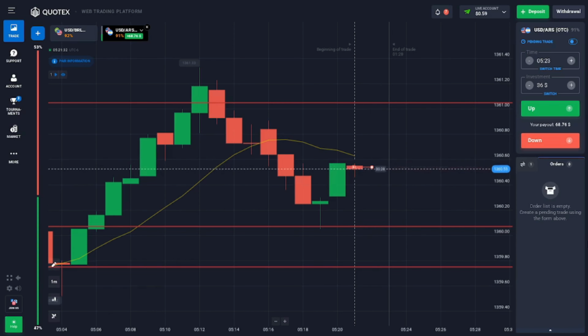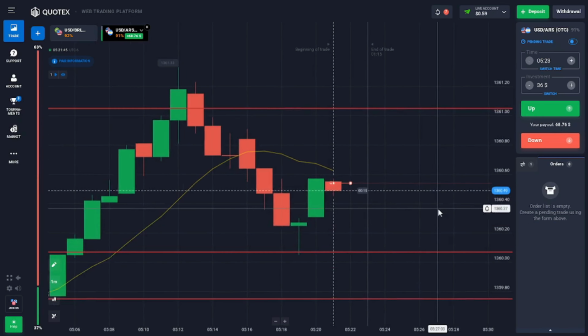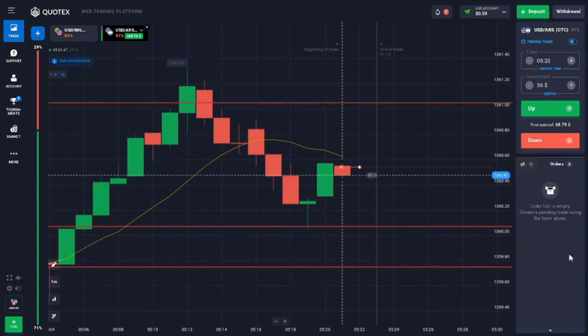This candle shows that the buyers have shown their full strength in this candle, and the sellers have immediately taken control in the next candle. Therefore, I have taken this trade, and this trade will definitely be a win.